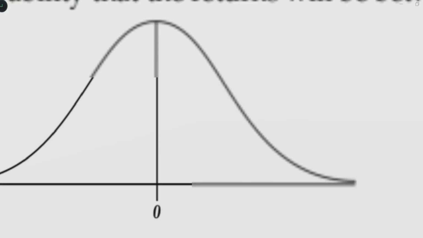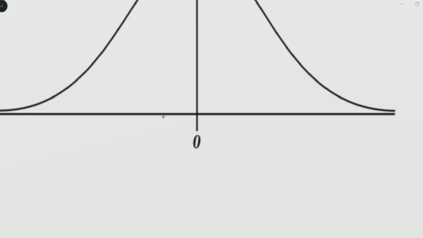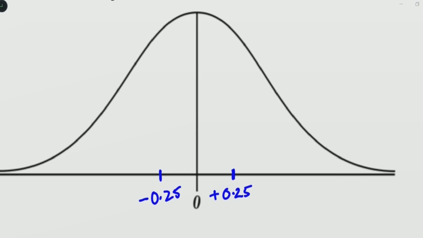So you know what we are going to do. We focus on this normal curve and we identify that somewhere over here, suppose it is negative 0.25, somewhere over here it is positive 0.25. We want which area? We want which area is the question.